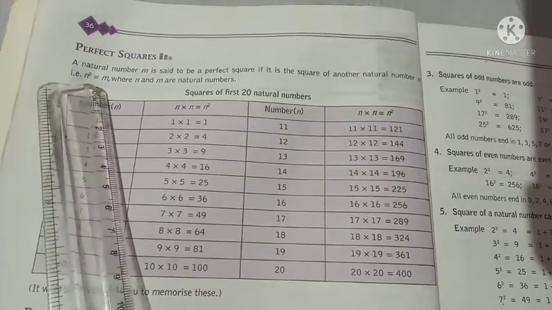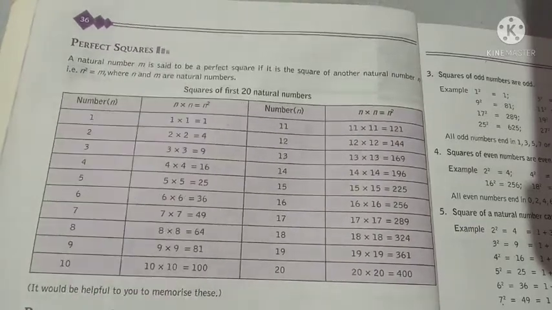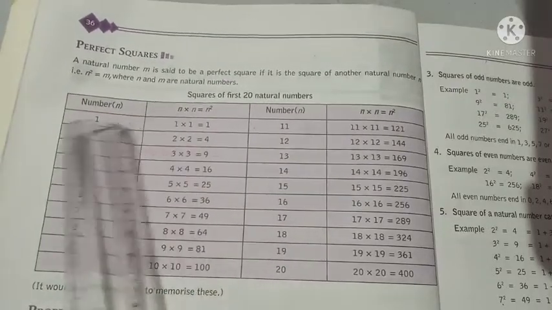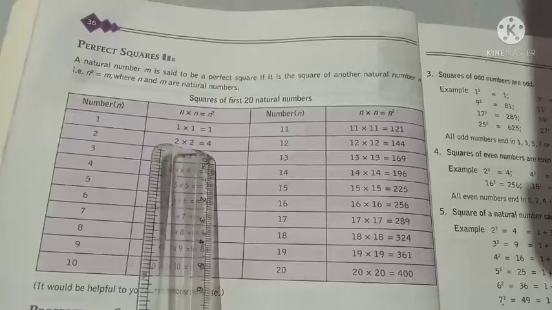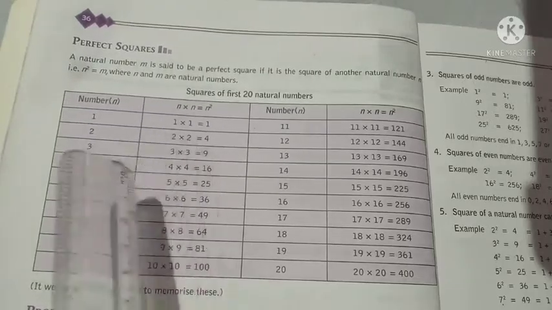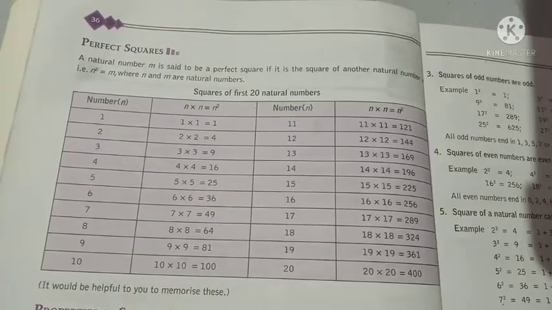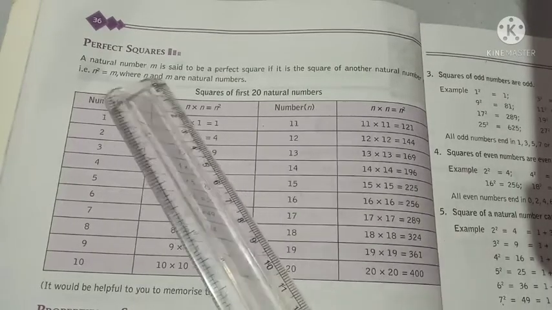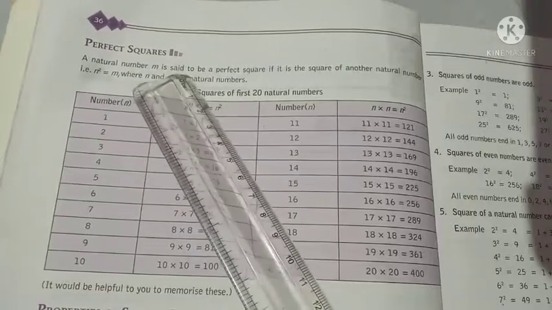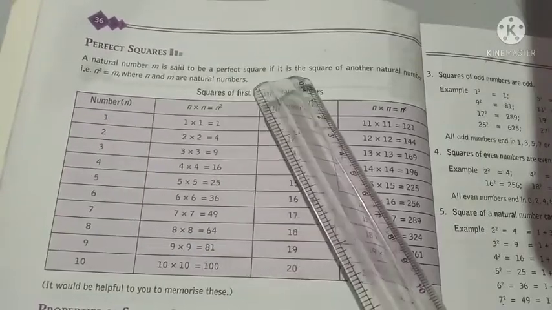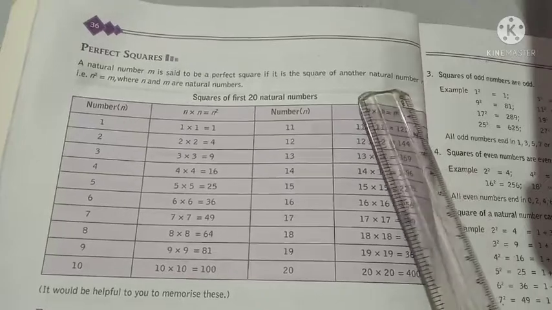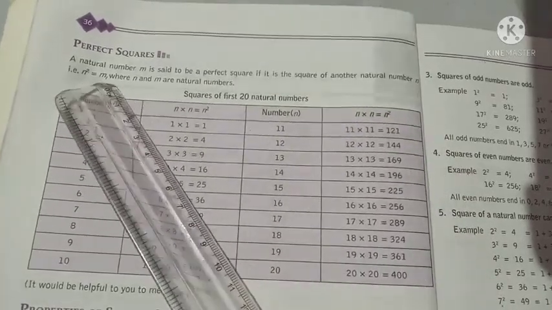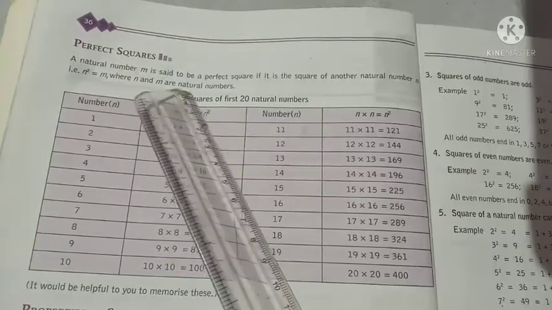That is, n square is equal to m, where m and n are natural numbers. See, for example, 2 is a natural number, and 3 is a natural number, and its square is 9.